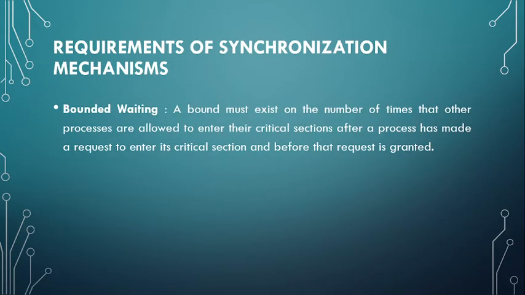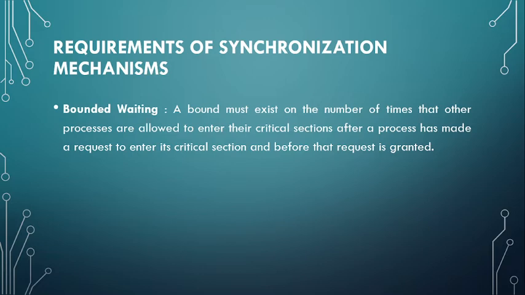And bounded waiting. A bound means a limit. A bound must exist on the number of times that other processes are allowed to enter their critical sections after a process has made a request to enter its critical section and before that request is granted.